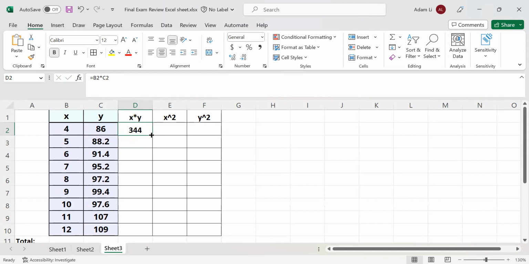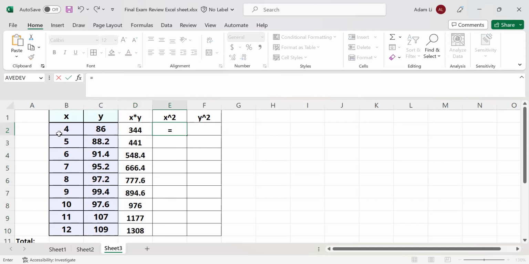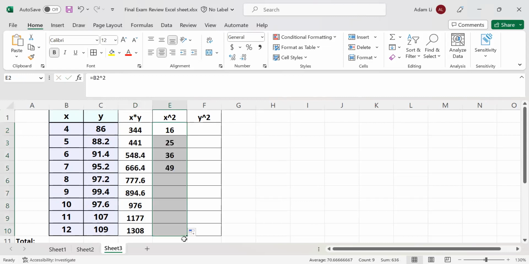Put the cursor on the bottom right hand corner, and you see that solid plus sign, and drag it. You get the rest of them very quickly. Also x squared, same thing: square the B2. Similarly, green box, cursor on the bottom right hand corner, drag it, and get the rest of them.